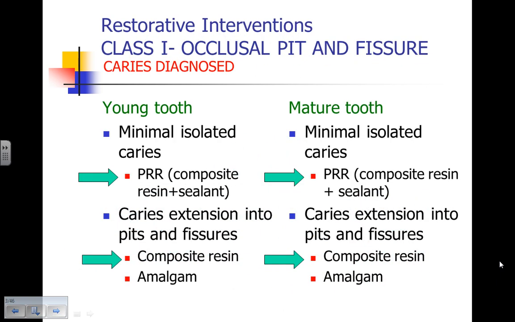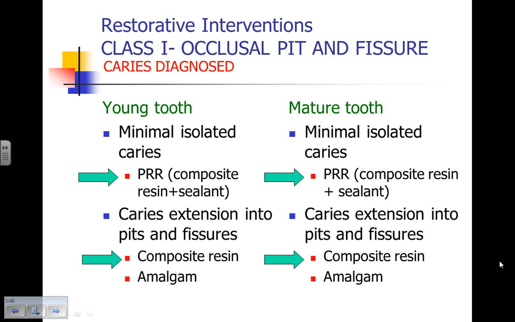And so when we make our decision for the type of restoration and preparation we'll be doing, it'll be based upon the pathology that's there. For minimally isolated carious lesions, we'll be considering small, minimally invasive preparations, doing a preventive resin restoration.